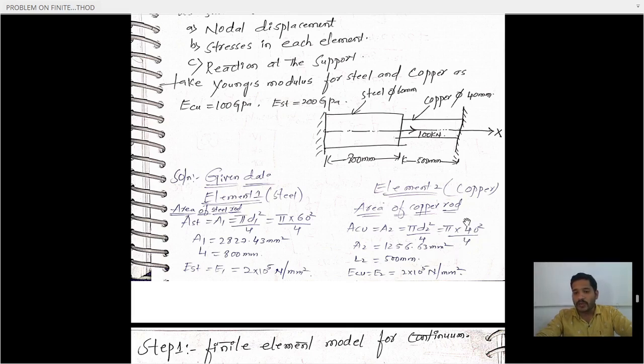If you calculate this, you will get 1256.63 mm square, which is the area of the copper. The length of the copper is 500 mm, and the Young's modulus of the copper is given here as 2 into 10 power 5.